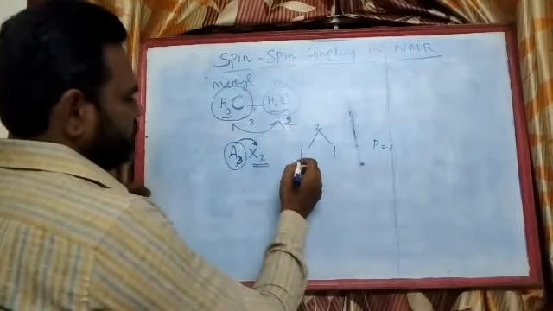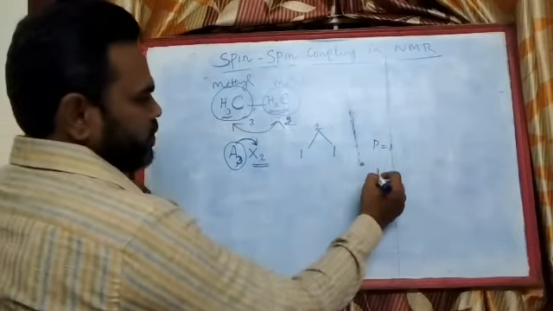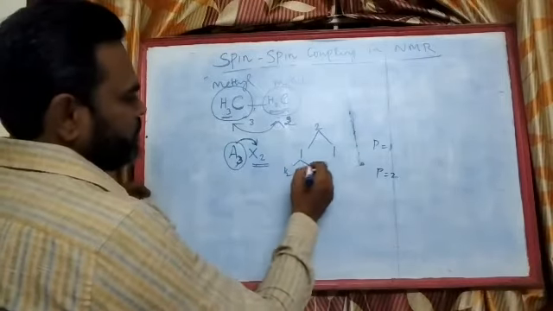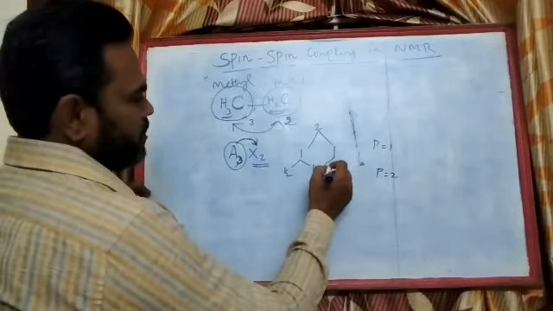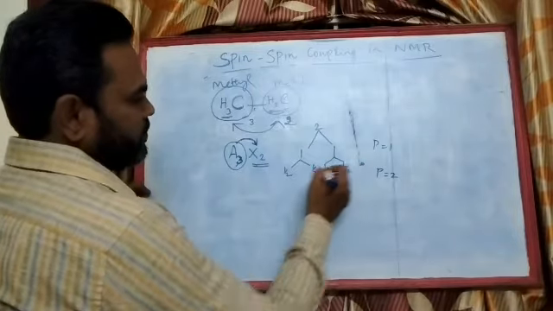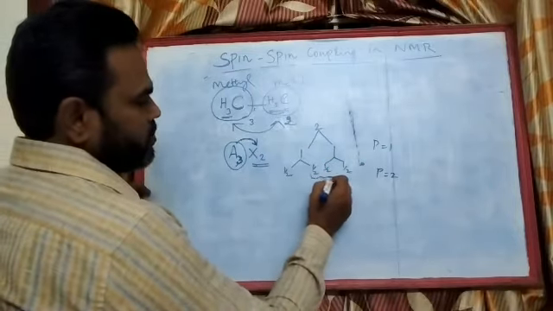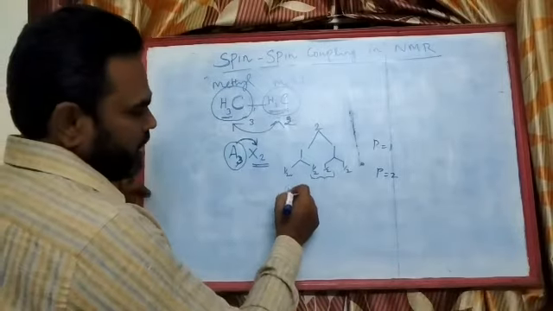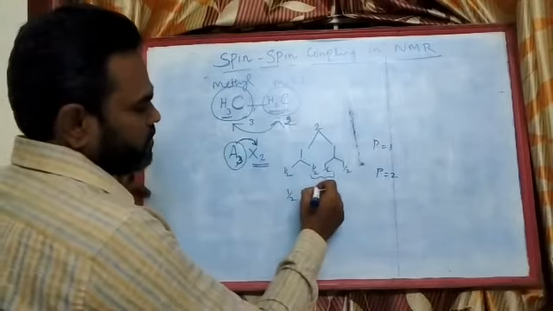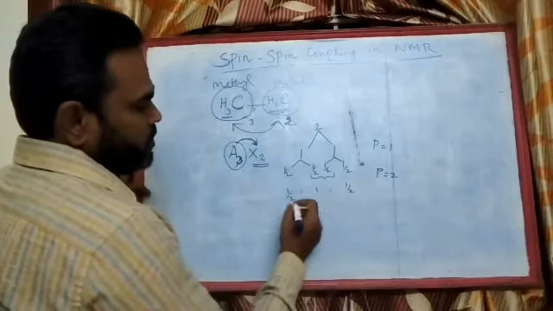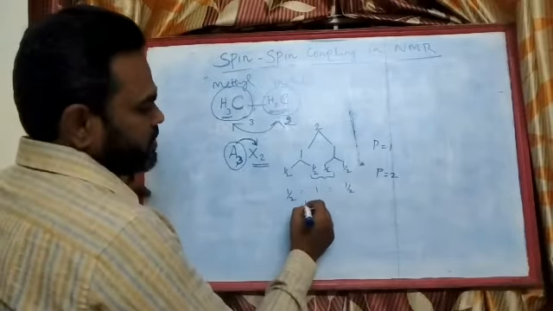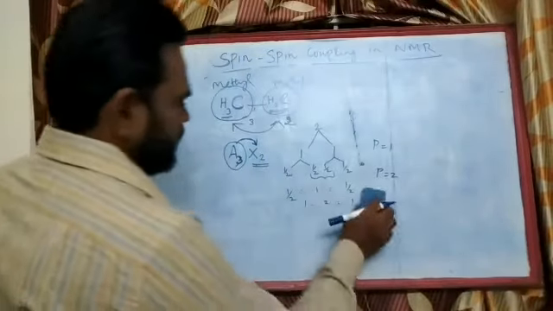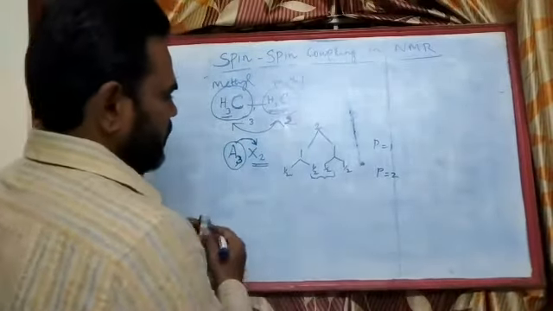When this interacts with the next proton, the second proton, each line will be split into half. These two couplings are the same and energetically the same, so I can write this as 1/2 : 1 : 1/2, which can be written as 1:2:1.